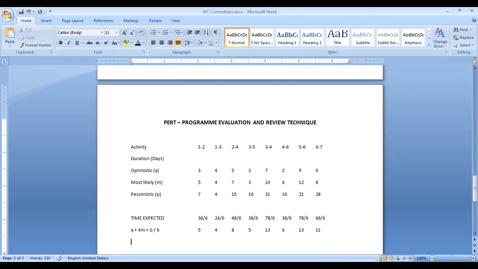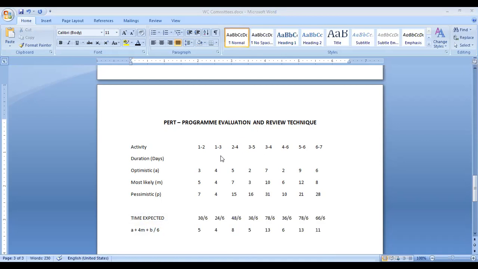So which means the time expected for each activity we have found using the weighted average method. Now we can draw the network and use these timings in the network to find the project duration. Right. So let us go for the network diagram.